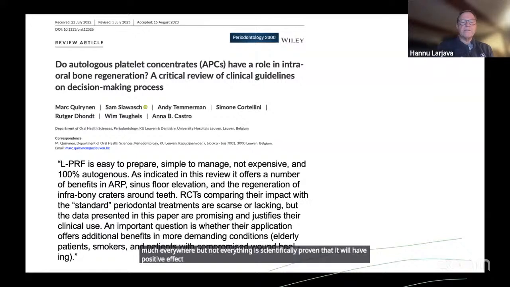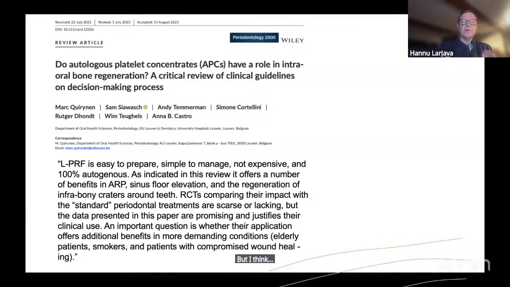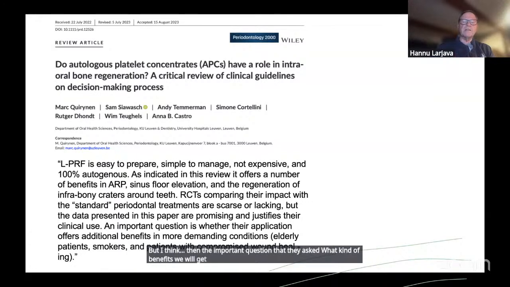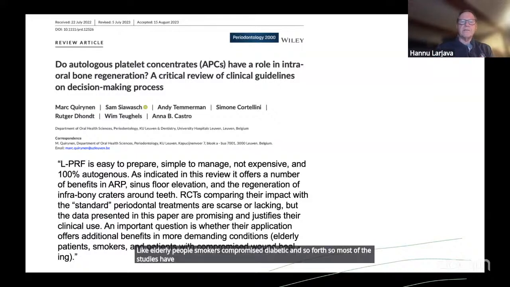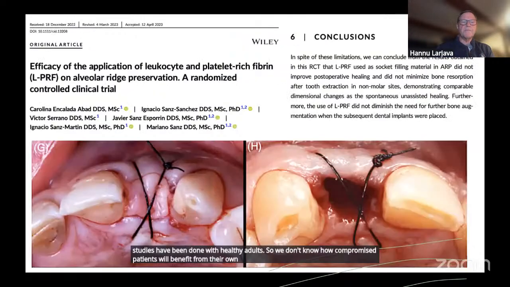It says that it's promising, but the important question is what kind of benefits we will get in more demanding conditions that we still don't know, like elderly people, smokers, compromised, diabetic, and so forth. Most of the studies have been done with healthy adults, so we don't know how compromised patients will benefit from their own products.